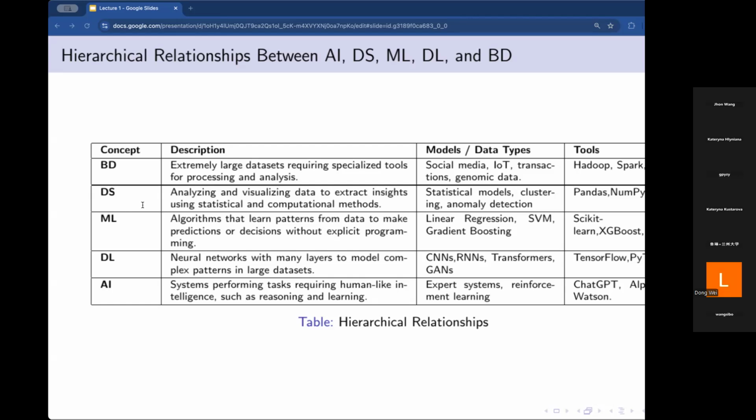Data scientists use a combination of statistical models and computational tools to understand patterns, correlations, and trends in data. Tools like Pandas and NumPy are widely used to manipulate data, while visualization libraries help in making these insights more comprehensible.